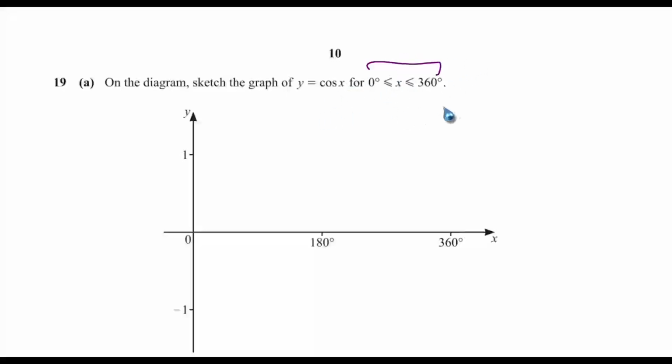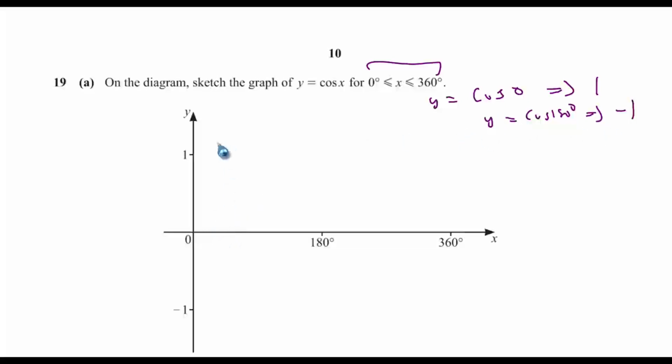So what we need to do is that when x equals 0, what will be the value of y? We have y equals cos 0, and this implies 1. When x equals 180 degrees, cos 180 degrees implies -1, and of course for 360 it will be +1.